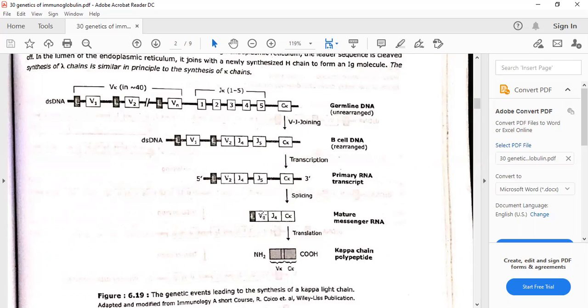Here V2 and J will mix together, cleaving the J5 region, making a light chain complex of V2, J4 and the constant region. This is the complete antibody of the kappa chain, and from this region the translation will happen for the construction of the complete antibody.